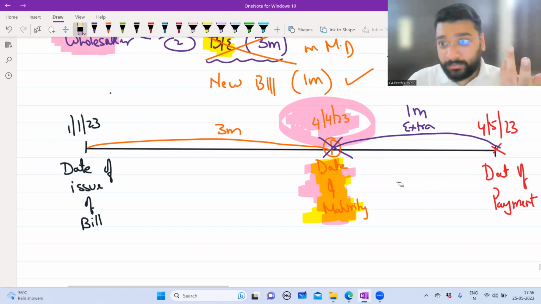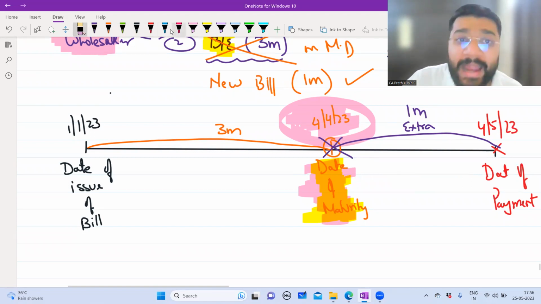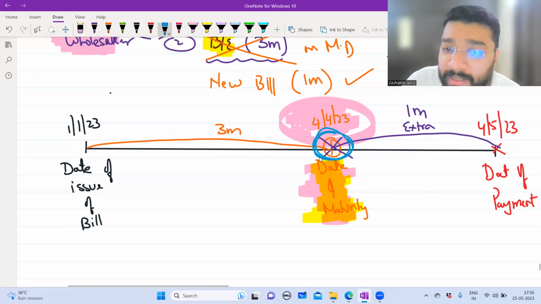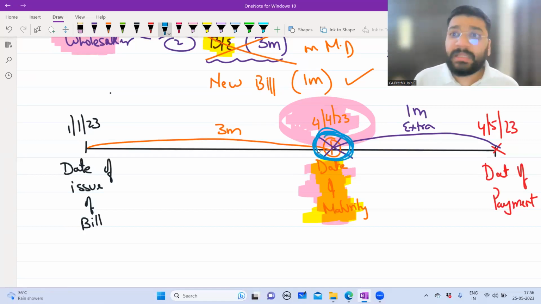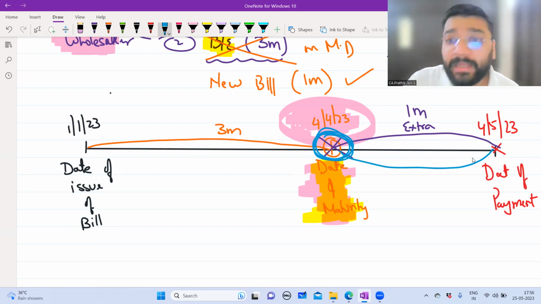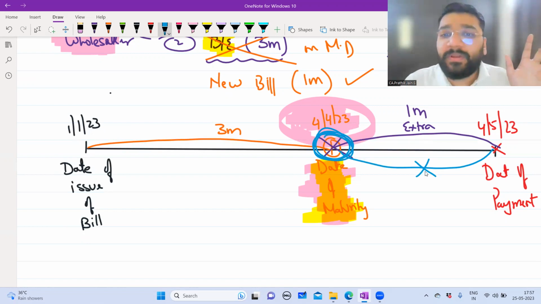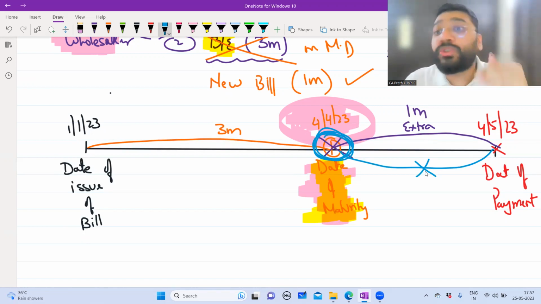Or, had the seller received the money during this period, he would have invested it, let's suppose in a fixed deposit or the share market or somewhere, and would have earned something in return. Now, this opportunity is also lost because of the delay in payment. So from every angle, if you observe, on the due date, if the seller is not receiving money, he is losing an opportunity to earn in this 1 month.